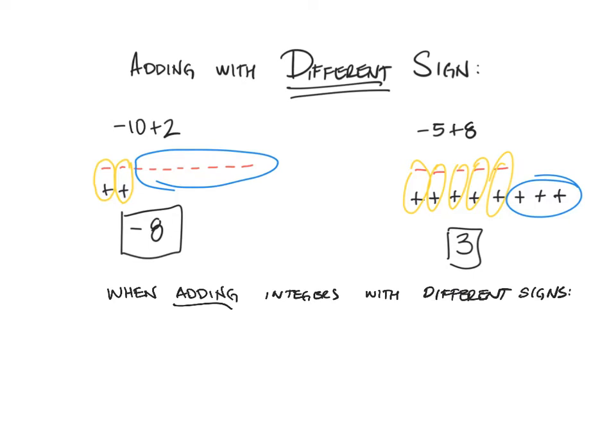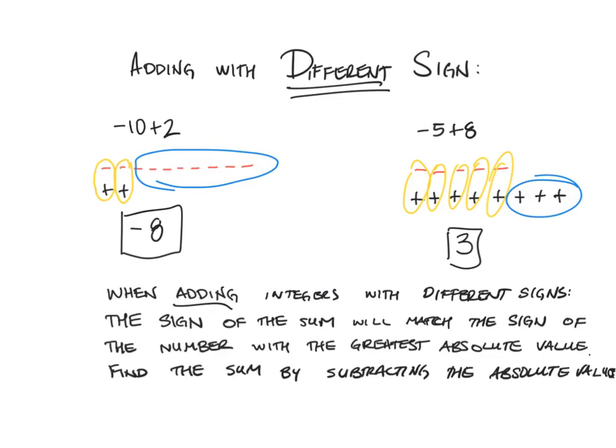All right, so when we're adding integers with different signs, we will come up with this statement. Boom. Okay, so now we've got the sign of the sum. The sign of the sum will match the sign of the number with the greatest absolute value. Okay, so that helps us to get our sign. That's like here. This has the greatest absolute value, so the sign of our sum will be a negative.